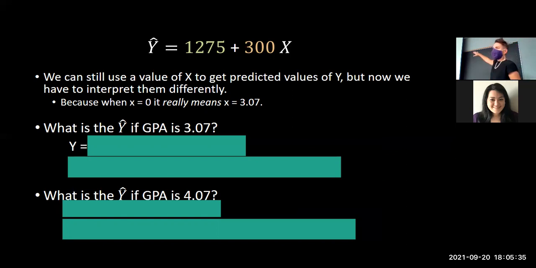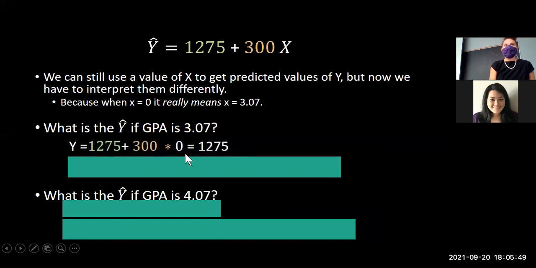Because I've centered it at the mean, what is the predicted y if GPA is 3.07? I would plug in 0. Yes, 1275. I would plug in 0 to get that answer.